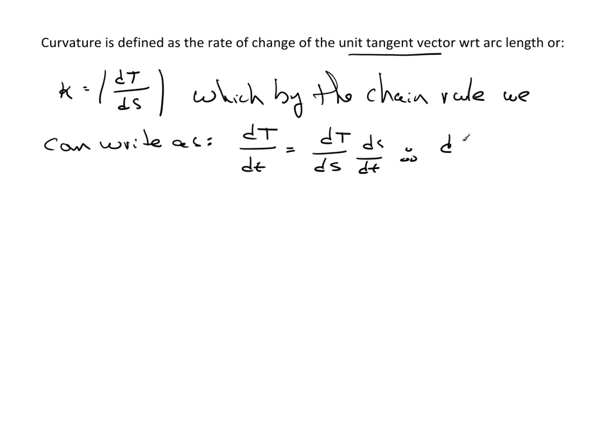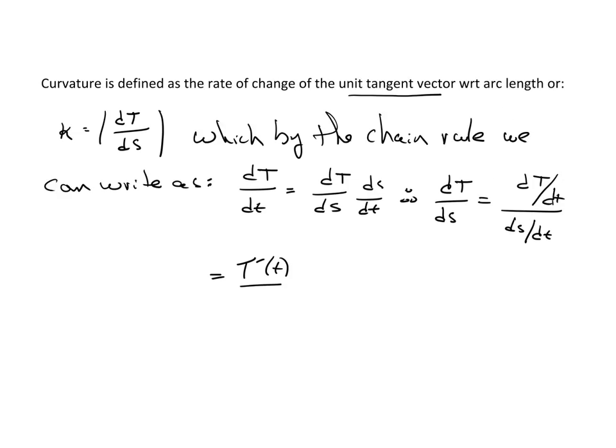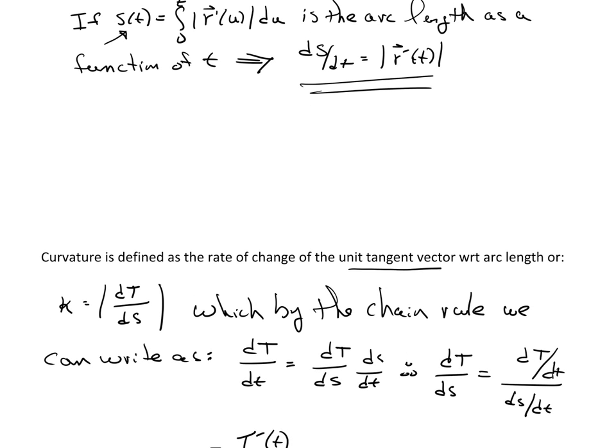Therefore, dT/ds equals, let's see, dT, I know that sounds funny in English, but you can see the capital in a smaller letter, so you actually know what I'm talking about, over ds/dt. Well, the derivative of the unit tangent vector with respect to t, that is simply T prime of t over what ds/dt, we just got done saying, is the same as the magnitude of r prime of t.